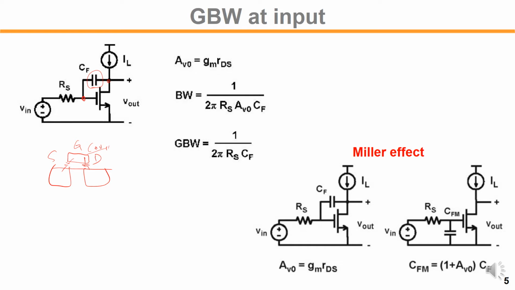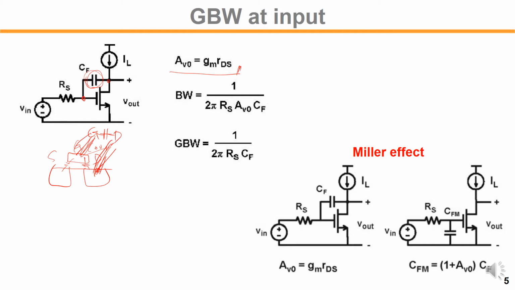Also, because there's metal connected onto the drain, there's always capacitance between the two metals. So you can imagine there's always some parasitic capacitance. This parasitic capacitance will also affect the input bandwidth. So the DC gain is GMRDS as before.